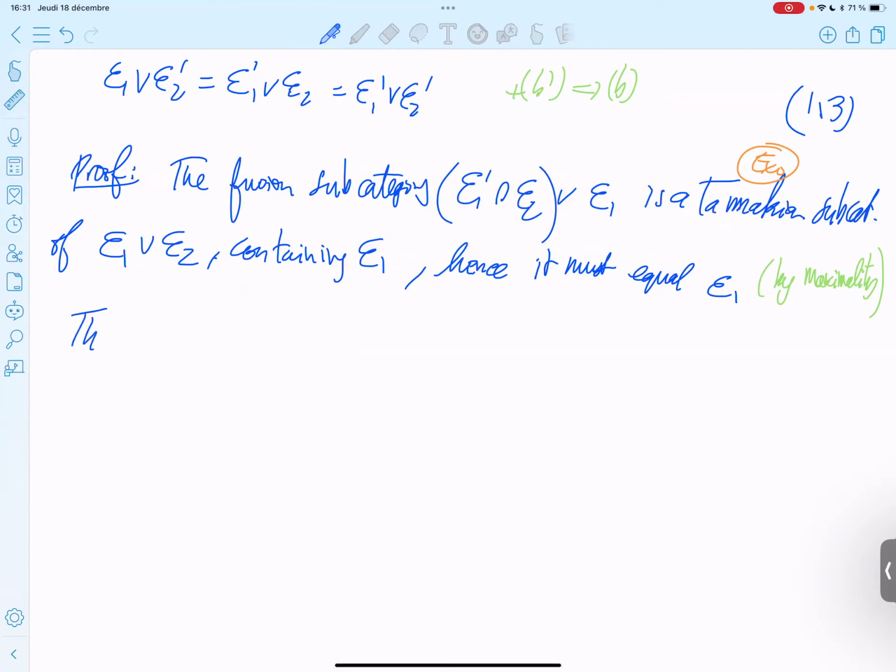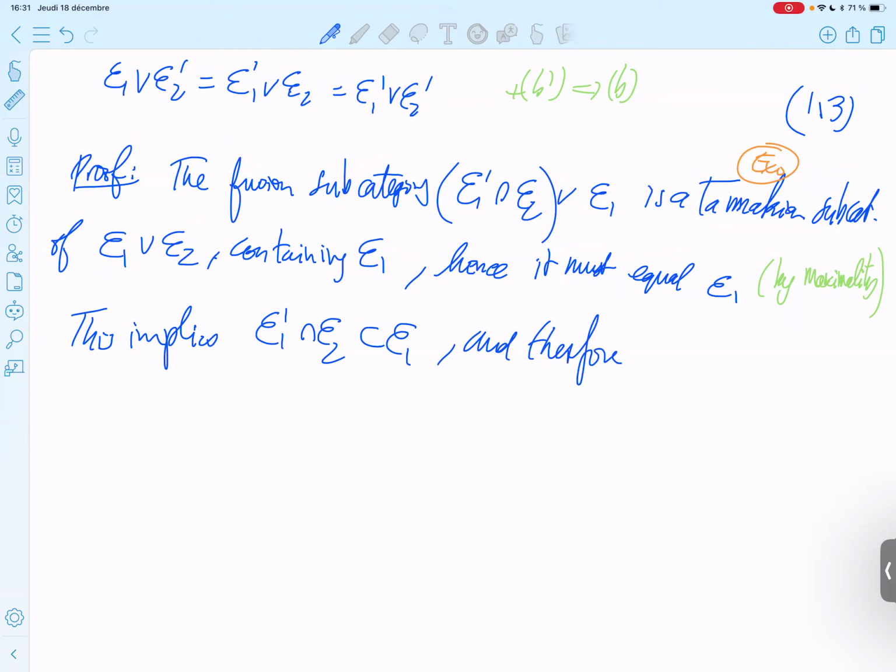This implies E1 prime intersection E2 is included in E1. And therefore, E1 prime intersection E2 is included in E1 intersection E2.